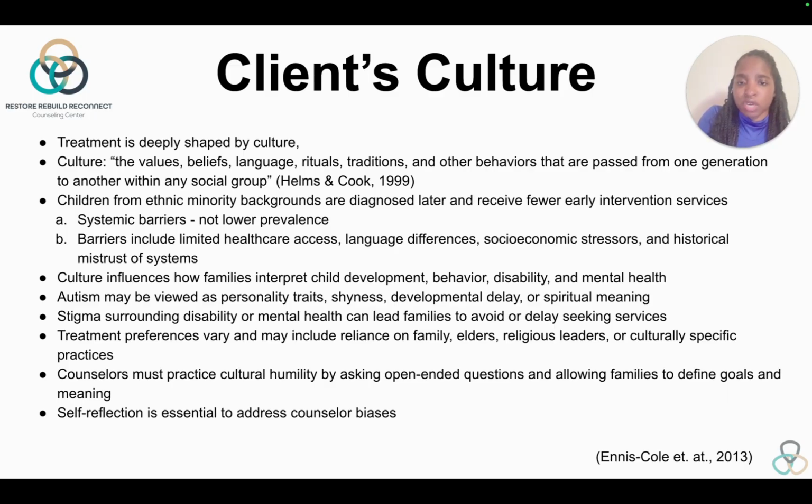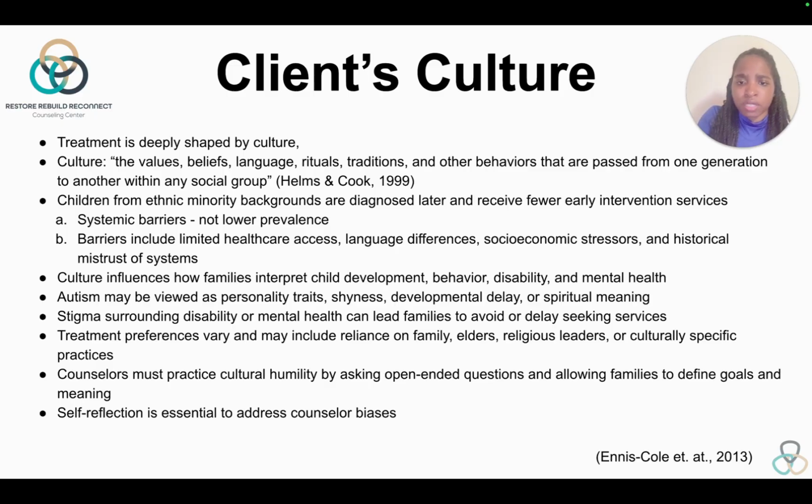And if you do ask questions, then just ask open ended questions, such as how the family understands their child's behavior, what autism means to them, and what their goals are for treatment. So asking questions can be helpful for allowing the family to define their own values and priorities rather than feeling pressured to conform to a single model of care.